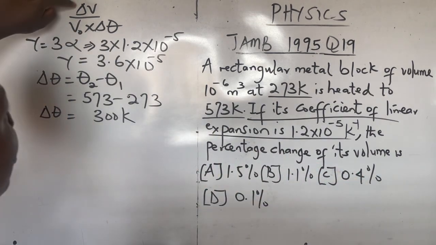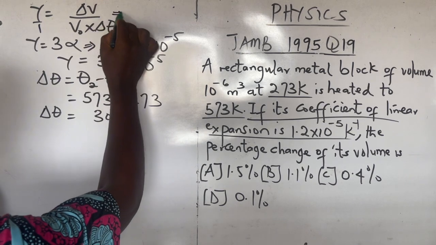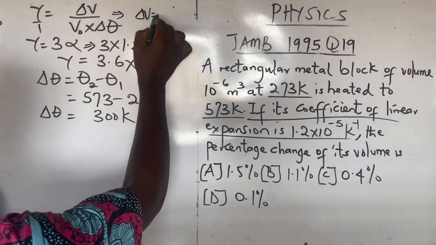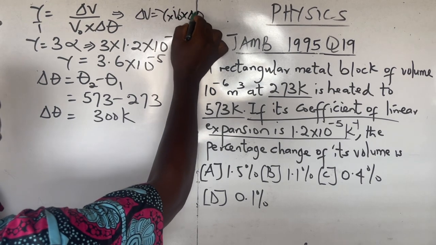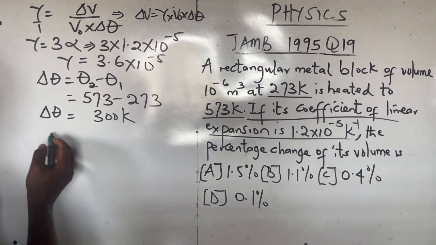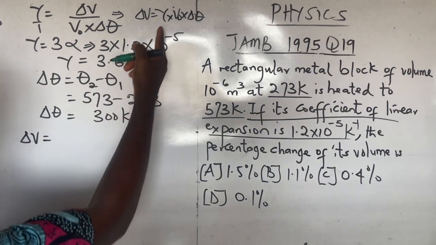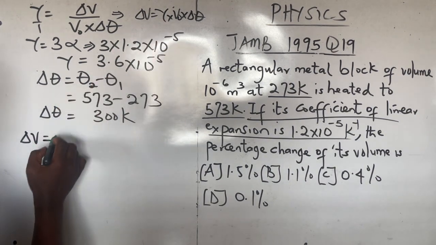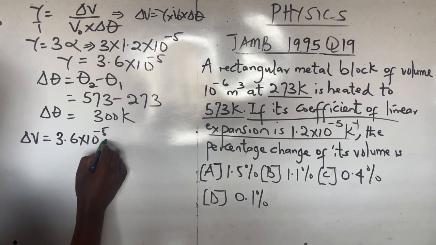We are asked to get change in volume. If we make change in volume the subject of the formula, change in volume equals gamma times V naught times change in theta. Our gamma is 3.6 times 10 raised to power minus 5.